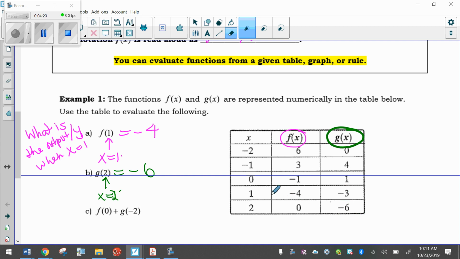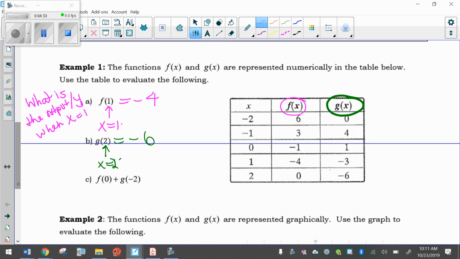All right. So this next one wants f of 0 plus g of -2. So f of 0, I'll use my purple for my f function. So f of 0, I'm going to come over to where the x is 0, and I'm going to look in the f column, and I see -1.